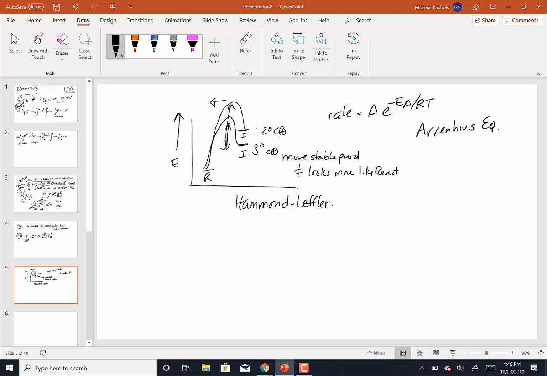In Hammond's world, what it meant was that the more you can make the transition state look like the reactants, the less energy you have to spend to rearrange the atoms to get to the transition state. And the less energy you have to spend, the quicker that can occur. But what it really means is that the activation energy is going to be lower.